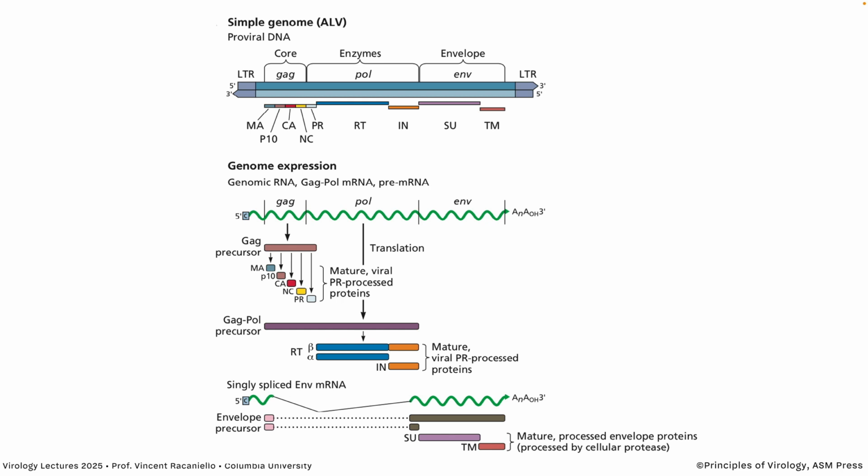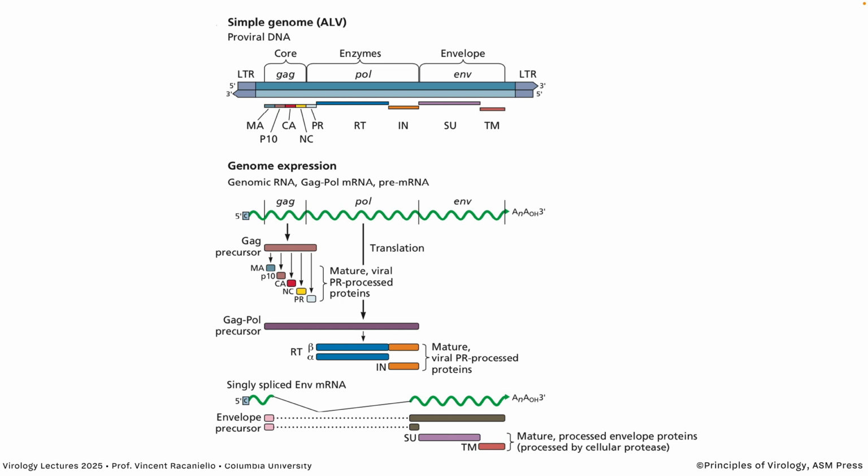Here's the genome. I want to point out some features. So the genome in the particle, of course, is RNA. It's a plus-stranded RNA. It's capped at the 5' end. It's polyadenylated at the 3' end. And there are 3 coding regions, GAG, POL, and envelope. The GAG encodes the structural proteins. We'll see more about this later when we talk about assembly.